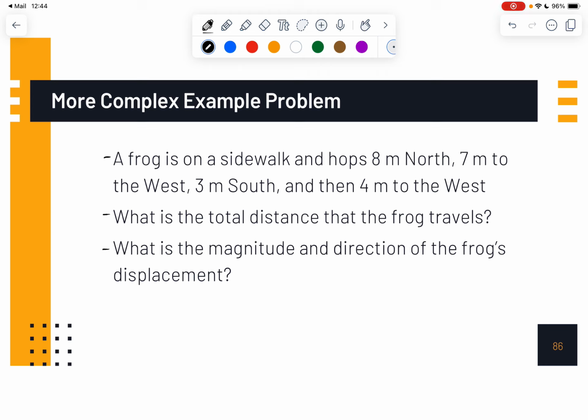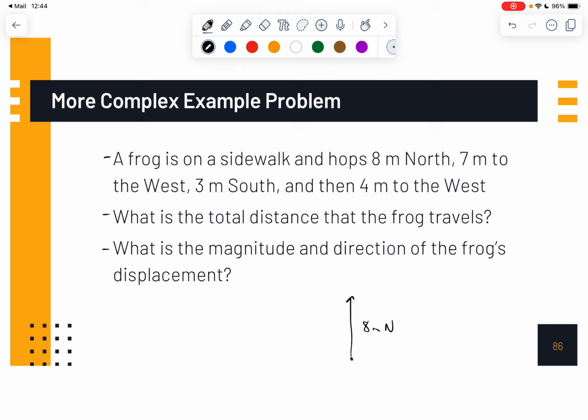And in this one, just like we always do, we're going to begin by drawing a quick sketch of our object. So we start off and we're told that this frog is on a sidewalk and is going to hop 8 meters going north. So we go 8 meters north from there.